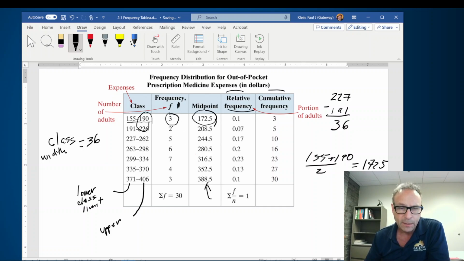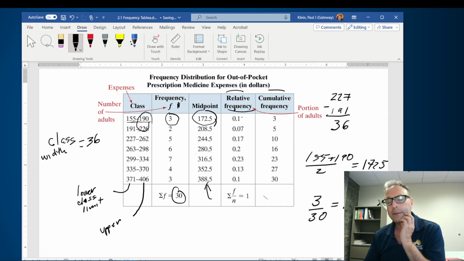You take the frequency, in this case for the first class it's 3, and divide that by the total number of data points. The total number of data points here is 30. If I added all those counts up, I would get 30. So the relative frequency is 3 divided by 30, or 0.1, or 10% of the data. So 10% of the data is in this first class.